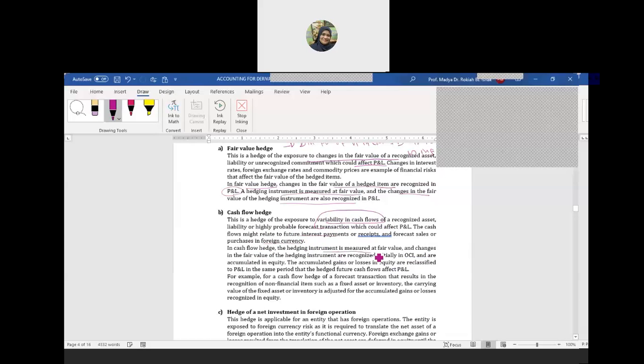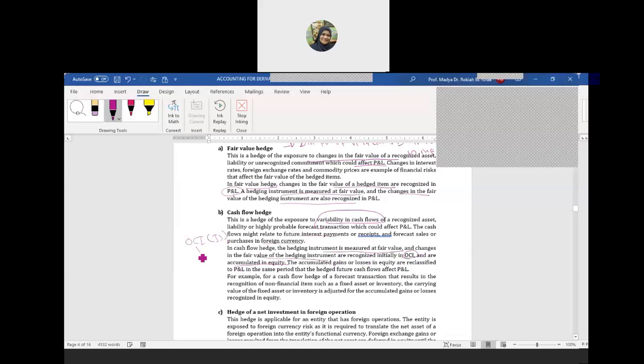Changes in the fair value of the hedging instrument are recognized in other comprehensive income and accumulated in equity. So we recognize it in other comprehensive income. This one is in your income statement.